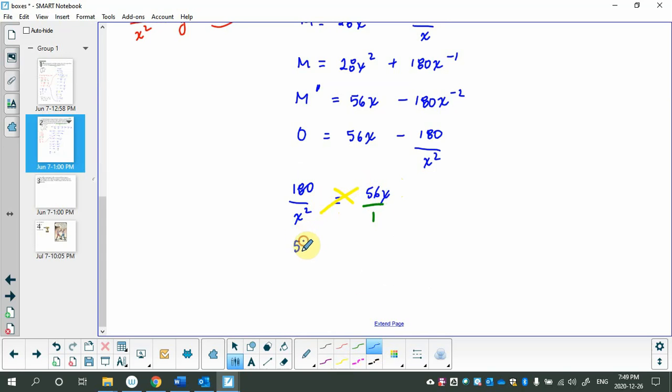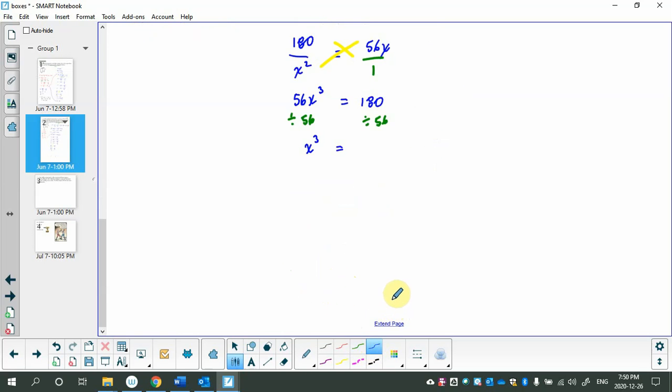So 56x cubed equals 180. Divided by 56, divided by 56, that means x cubed will be divide by 2, divide by 2, and I need to cube root, which does not require a plus minus sign.